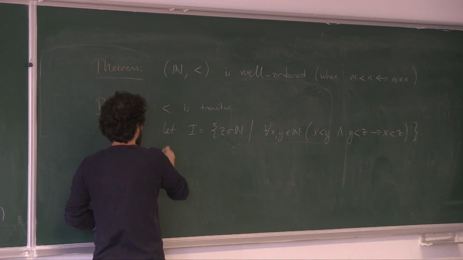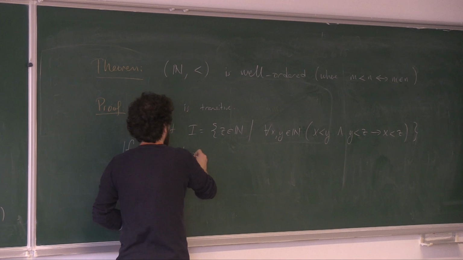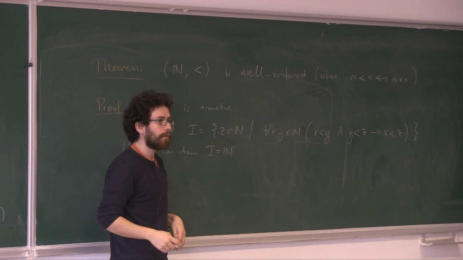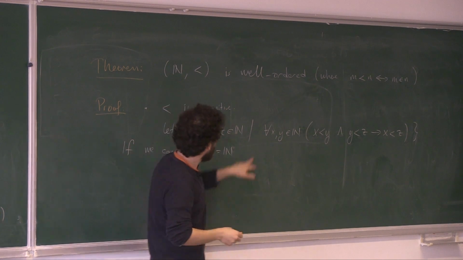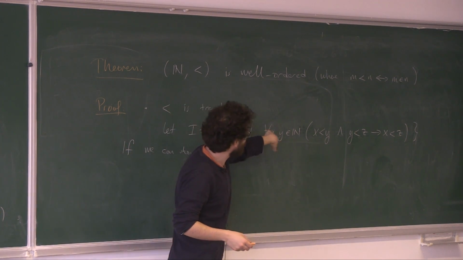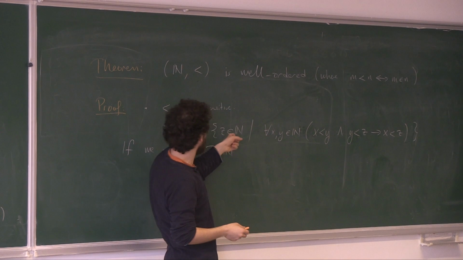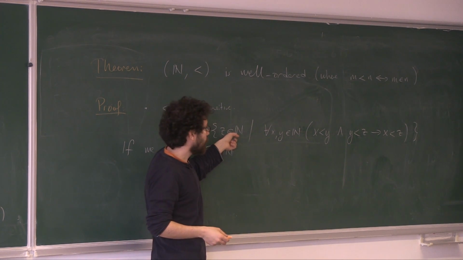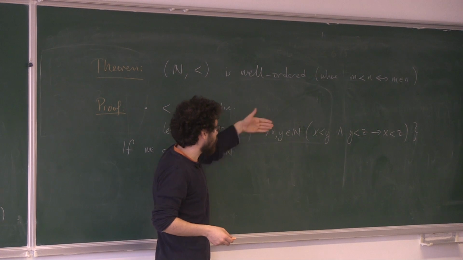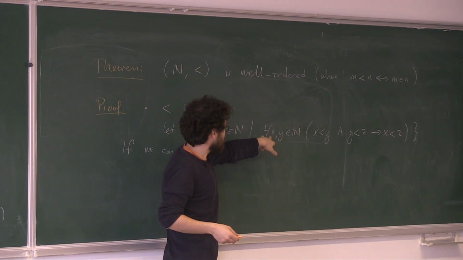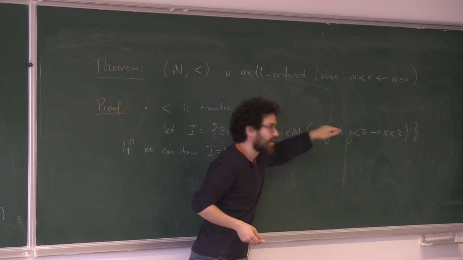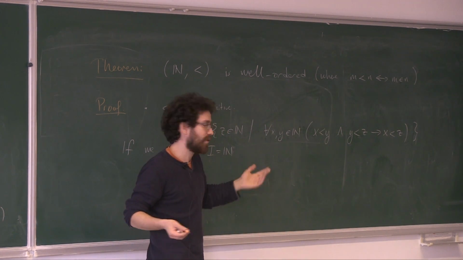If we can show that I is all of N, then that would mean that for all natural numbers x, y, z, this happens, which is the same thing as saying this is transitive, okay?